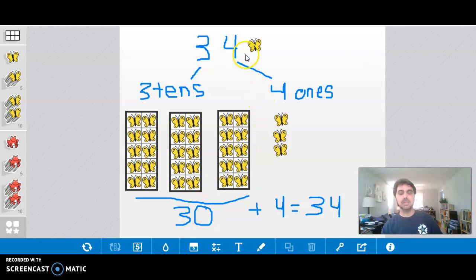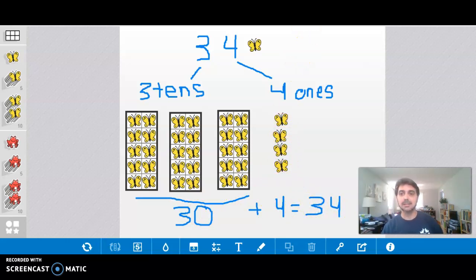And then we still have 4 leftover butterflies. Oh, look at that. So we've got 1, 2, 3, 4 leftover butterflies. I forgot to add the other butterfly. I only had 33 butterflies. So we have 30 plus 4 more butterflies gives us 34 butterflies.